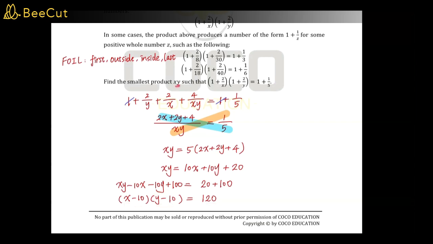We want the product xy to be the smallest, so x and y should be as close as possible. This works when x minus 10 equals 10 and y minus 10 equals 12. The product is 120. So we get x equals 20, y equals 22. So x times y is 20 times 22 equals 440.